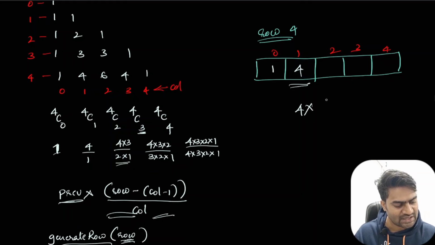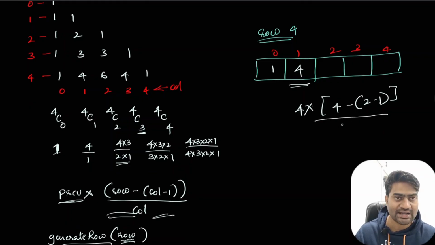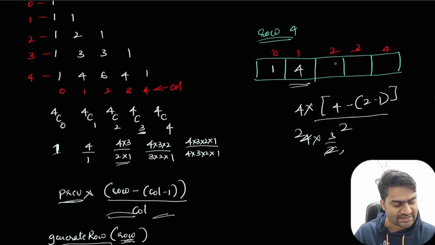Then our row number is as usual 4 minus the column number 2, minus 1, which gives 3, divided by our column, which is 2. So this becomes 4 into 3 divided by 2. 2 ones are 2, 2 twos are 4, 3 twos are 6. So we get 6 here, and I place 6 and proceed with the next value.